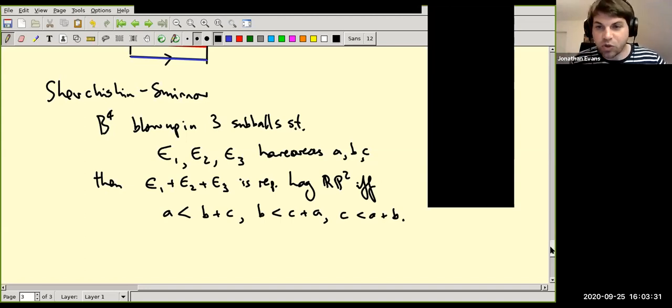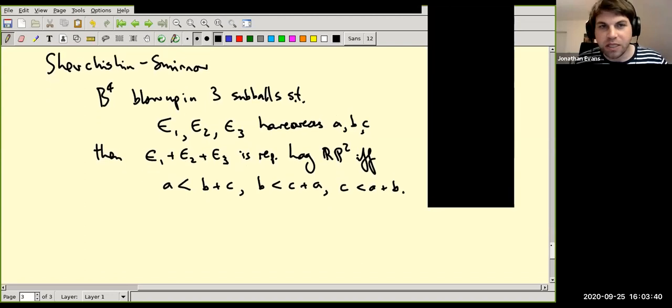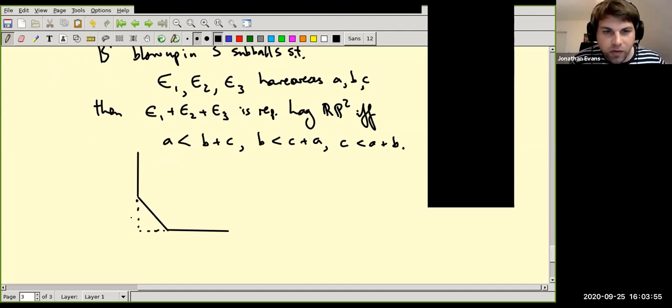And I just want to draw you a picture, because I was drawing these tropical Lagrangians. I want to draw you a picture to convince you of this statement, because you know why this statement is believable. So here's an almost toric picture of this blow up. This is the blow up at 1 point. This is C, the curve E3. Here I'm going to do 2 sort of almost toric blow ups.